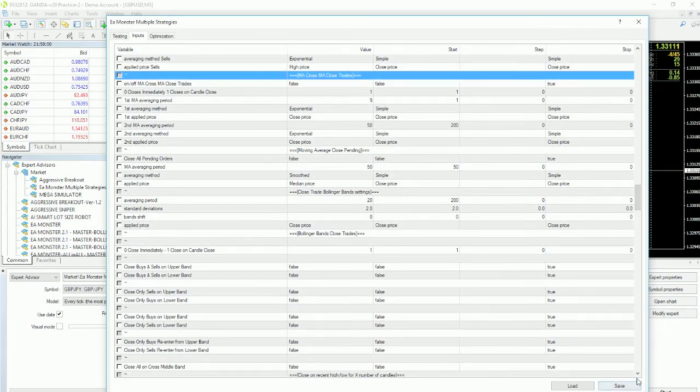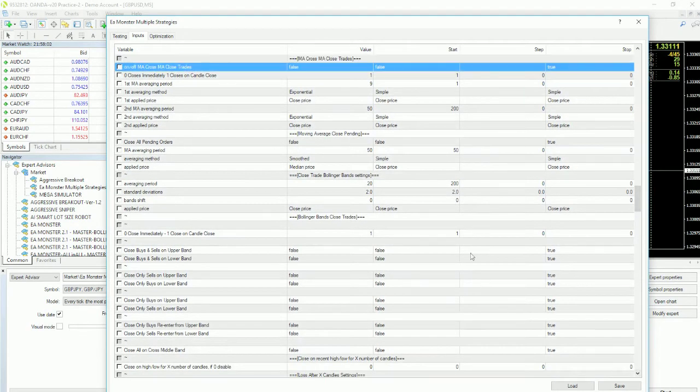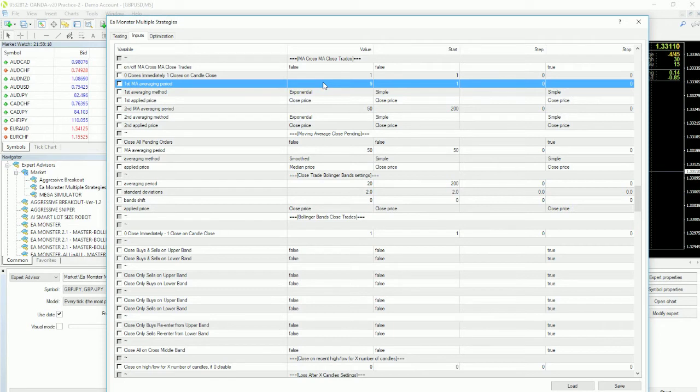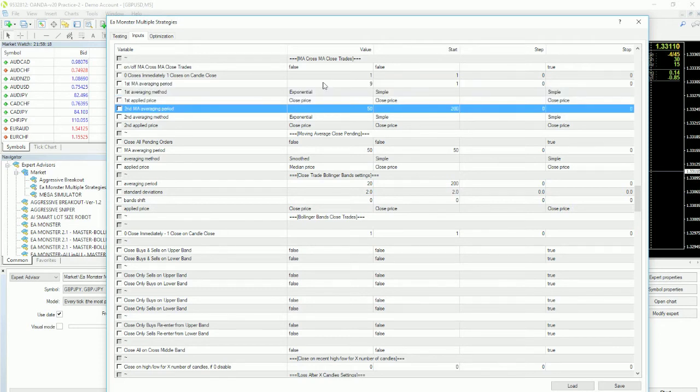And if you look at this one here, MA cross MA close trades, it's another closing trades option, but when the moving average is crossing the moving average, and this is just one, it's not two separate ones here, it's just one. So when the 9 EMA crosses the 50, it will close.